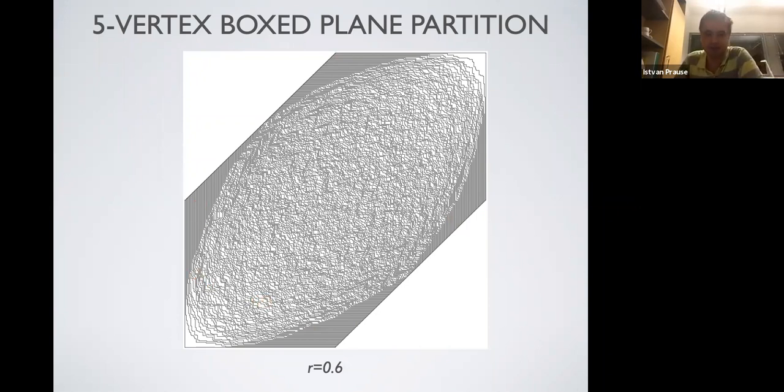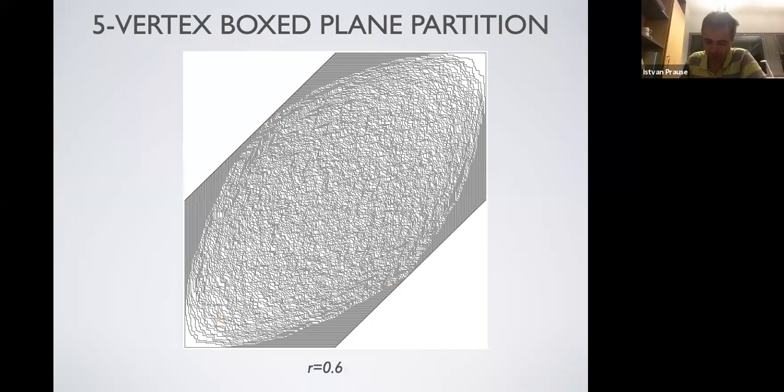This is a simulation of a random such configuration. We again see some facets in the corners. Here we only go horizontally, here vertically, and here there are no paths, and so on. Then there is a disordered region in between. If r were equal to 1, this would be the perfect ellipse. This is now a deformed version of the ellipse, not exactly an ellipse. And even close to this region, there is some fuzzy thing going on.